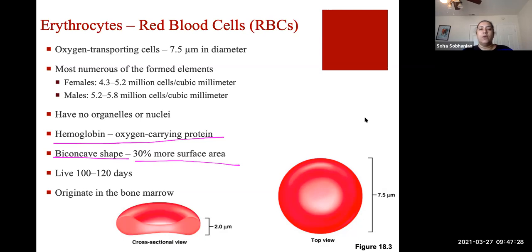This is how I look at it: you take all the junk out of your red blood cells and you fill it with hemoglobin. And why are we doing this? Because hemoglobin is going to carry the oxygen. So you want to maximize the space you have inside your red blood cells to be able to carry your oxygen.